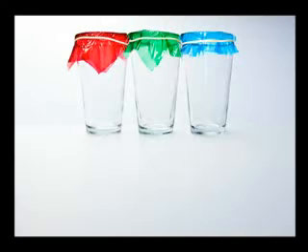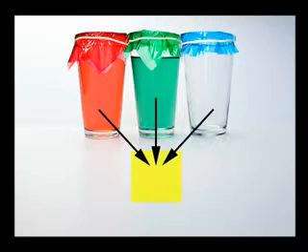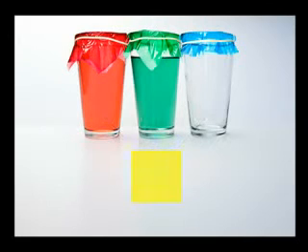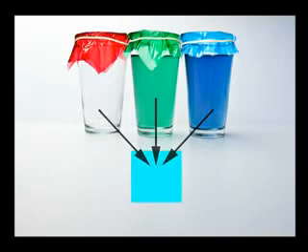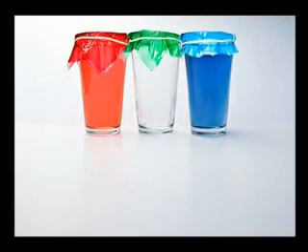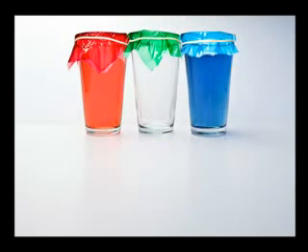What about yellow light? Well, yellow light is made up of both red and green light. The red and green sensors both capture light, and the processor knows that when this happens, the target pixel is yellow. Aqua light is made up of both green and blue light. Purple light, or magenta, is made up of both red and blue light.